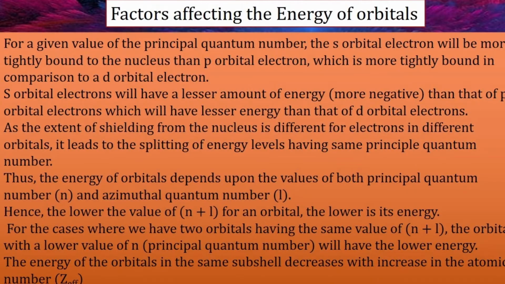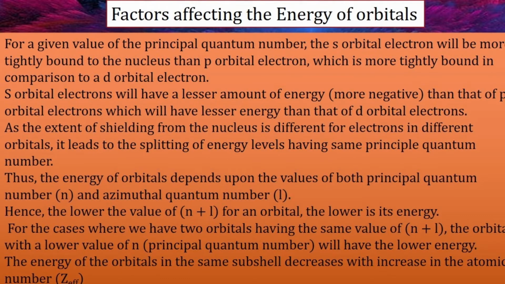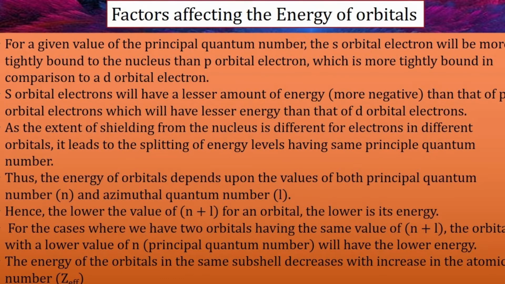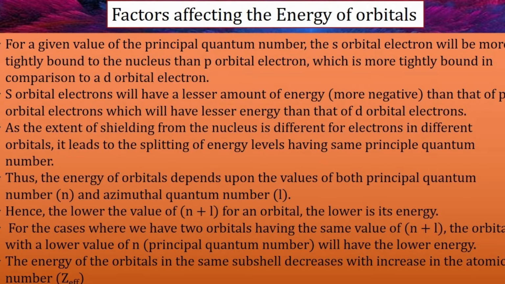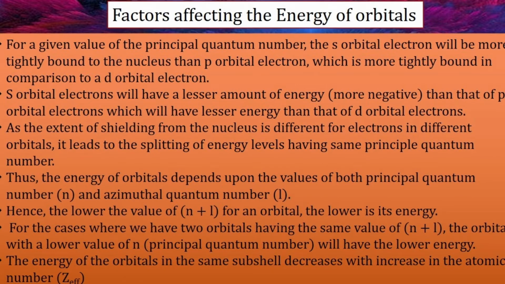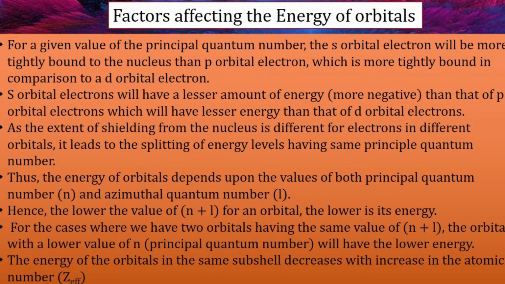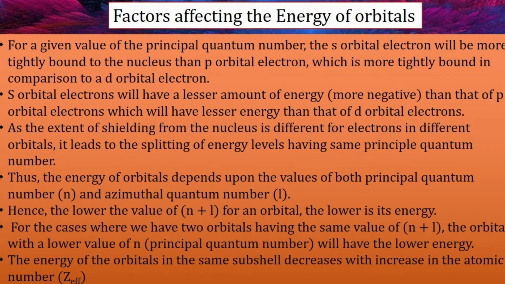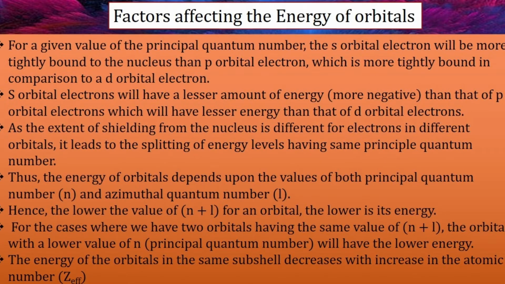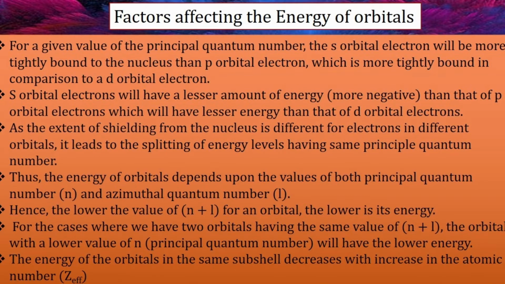Let us discuss the factors affecting the energy of orbitals. If you consider the s orbital, it is spherical in shape and it spends more time closer to the nucleus in comparison to p orbitals. And a p orbital spends more time near the nucleus in comparison to a d orbital. In other words, an s orbital will be screened less than a d orbital for a given shell.